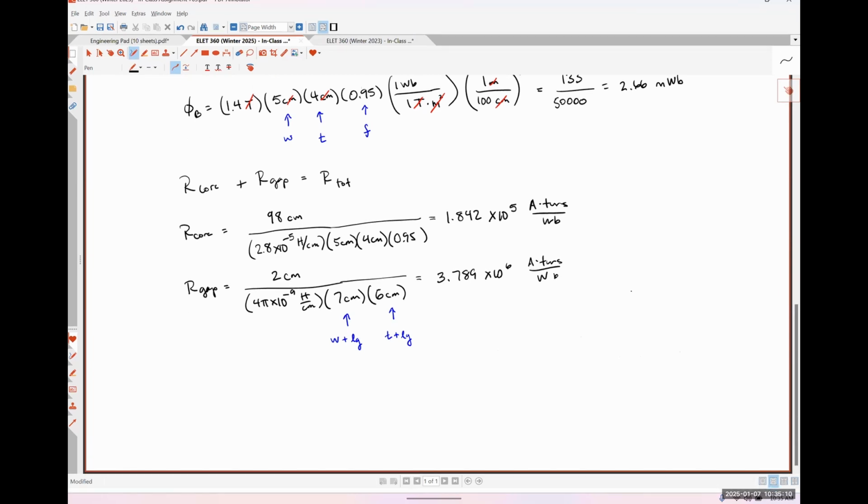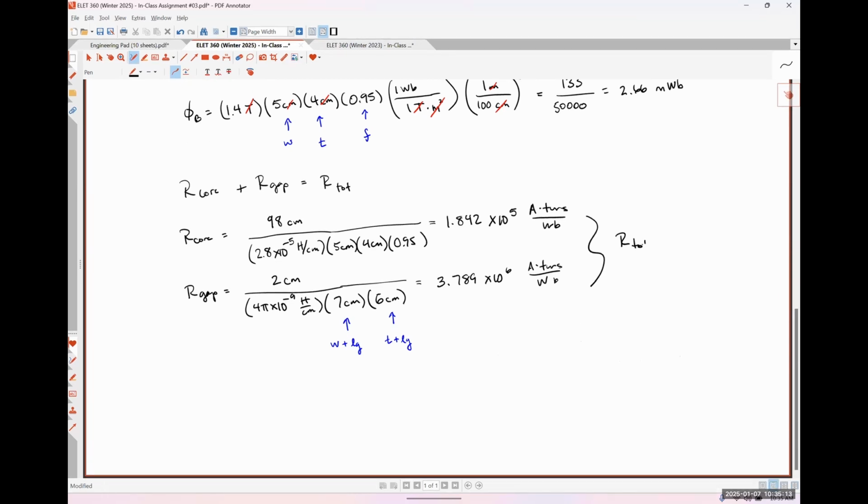And adding these guys together, 3.789 times 10 to the 6th plus 1.842 times 10 to the 5 gives me 3.973 times 10 to the 6th amp turns per Weber.